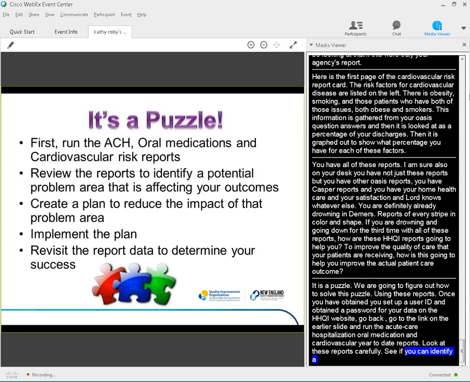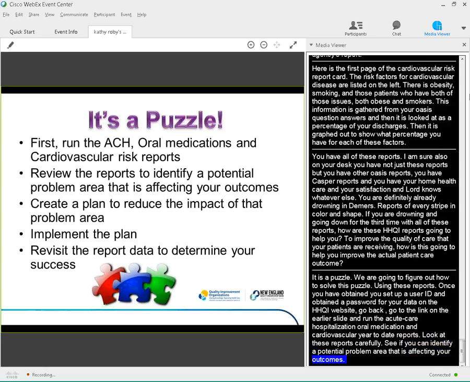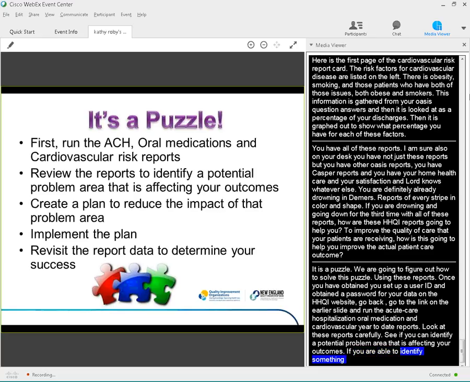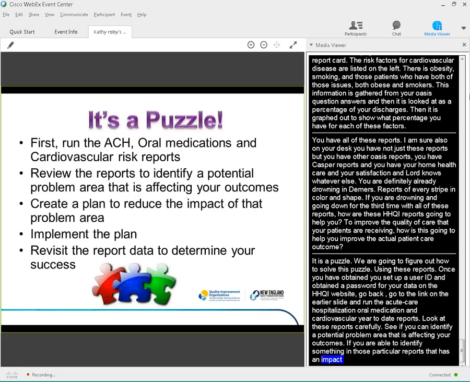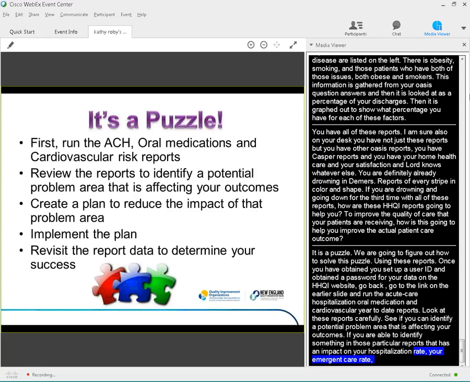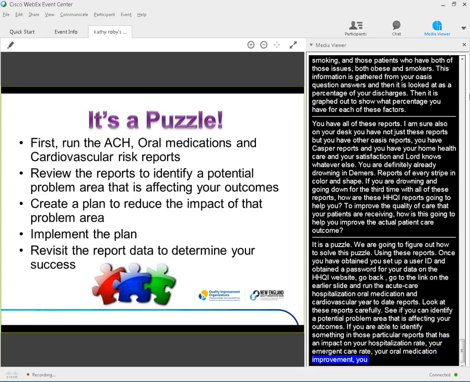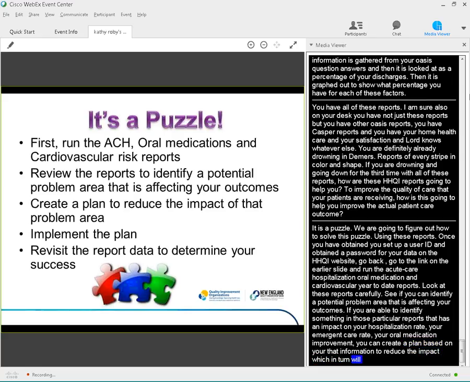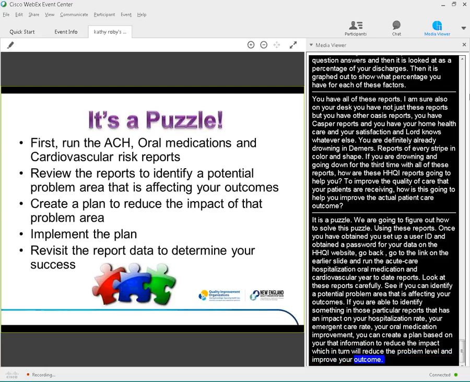If you're able to identify something in those particular reports that has an impact on your hospitalization rate, your emergent care rate, your oral medication improvement, then you can create a plan based on that information to reduce the impact, which in turn will reduce the problem level and improve your outcome, assuming that you are able to successfully educate and implement the plan with your staff.